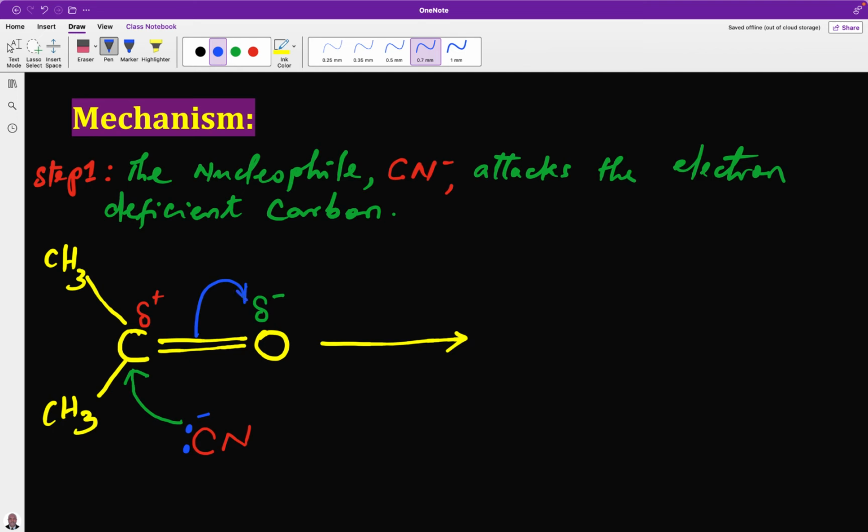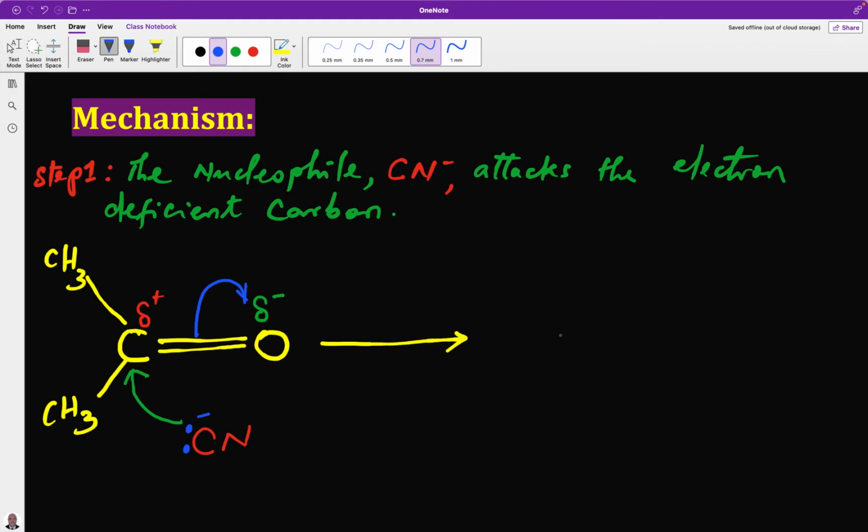That is what is happening there. This lone pair of electrons on the nucleophile is approaching this partial positive carbon. The bonding electrons here are being pushed by repulsion towards the electronegative oxygen.